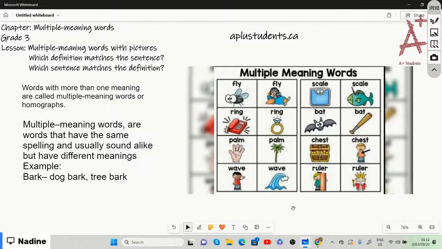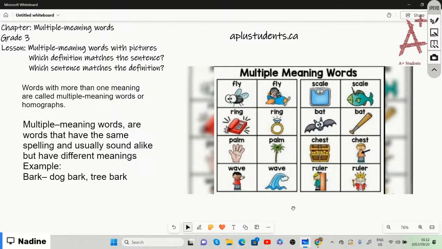And then bat, right? A bat is a little flying animal, black, right? Looks very creepy, comes out at night, or it's mainly in a cave or in the dark.